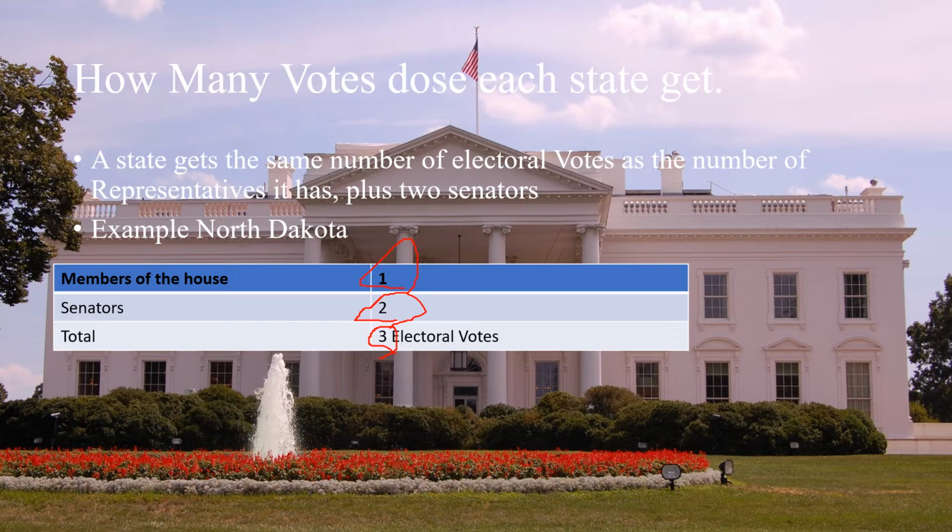Another example would be, I think here in Tennessee we have 9 congressmen, men and women, plus 2 senators.